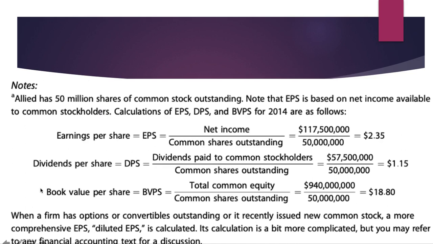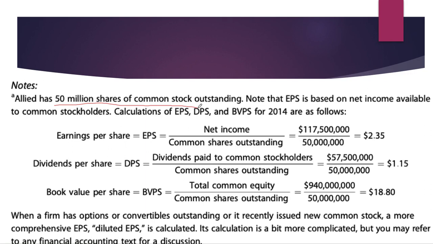And there are some notes here. These notes are about the calculation of these ratios that are presented. Notice that this Allied Corporation has 50 million shares of common stock outstanding.